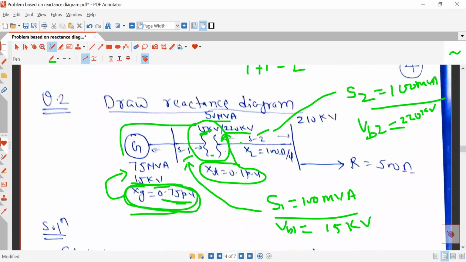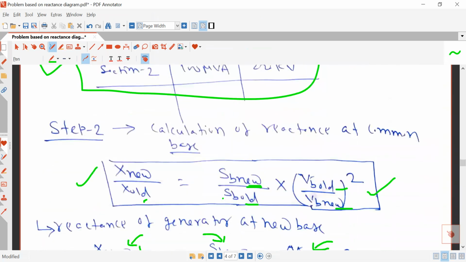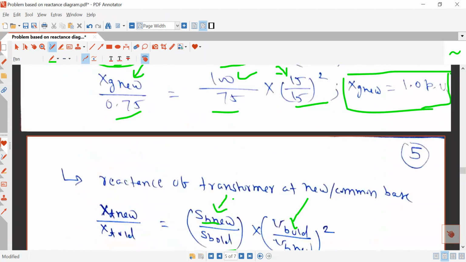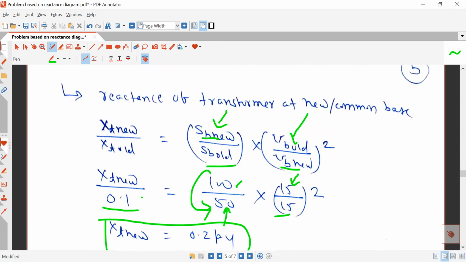You can see here the rating is 50 MVA, so SB old is 50 MVA. In this way you can calculate the reactance of the transformer on the new base.